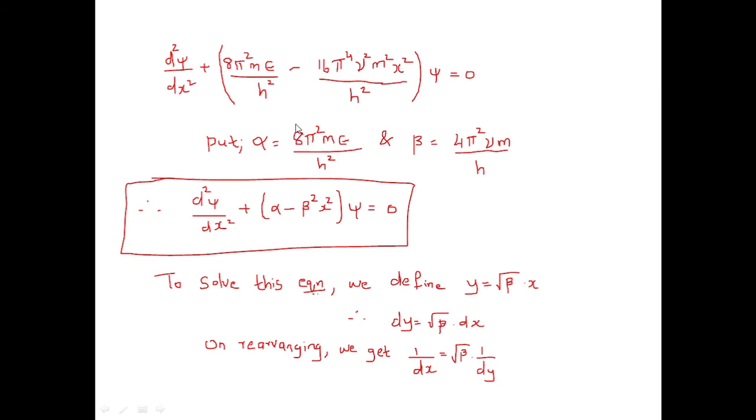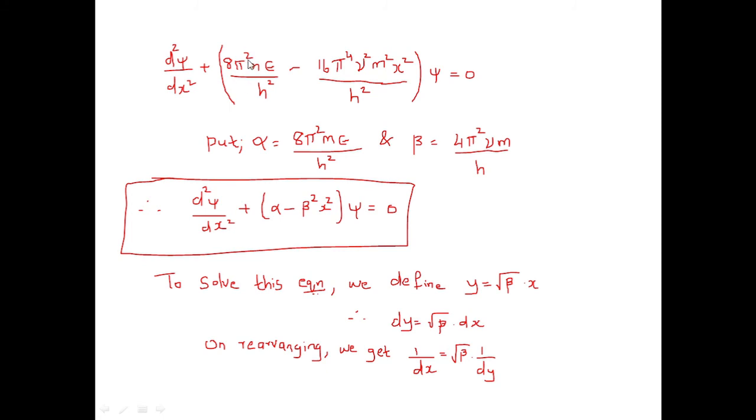Now we will put alpha for 8 pi squared m E by h square, and beta for 4 pi squared nu m by h. Therefore, beta square comes out to be 16 pi raised to 4 nu square m square by h square.